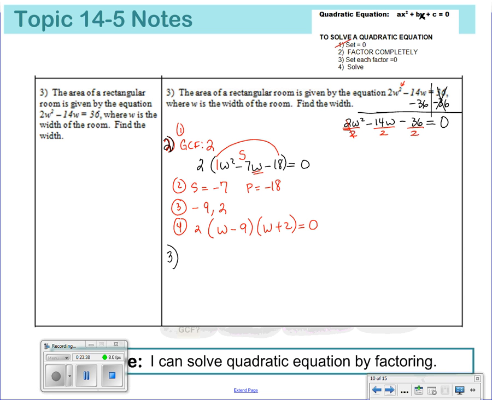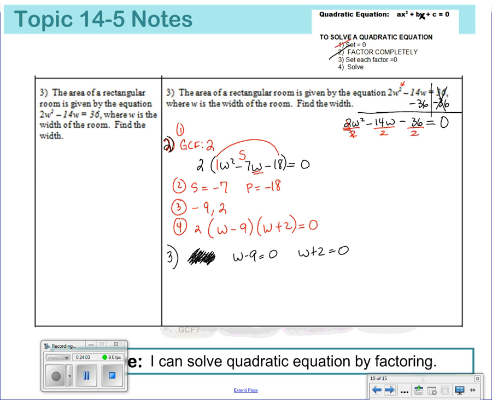Step 3 then says to set each of those factors equal to 0. So I'll do 2 equal to 0, w minus 9 equal to 0, and then w plus 2 equal to 0. Those are all our factors. Notice the first one is numbers. There's nothing to solve. 2 does not equal 0, so we cannot solve that. That's not one we're going to use.